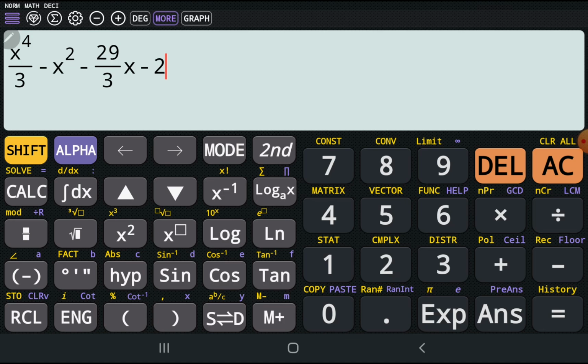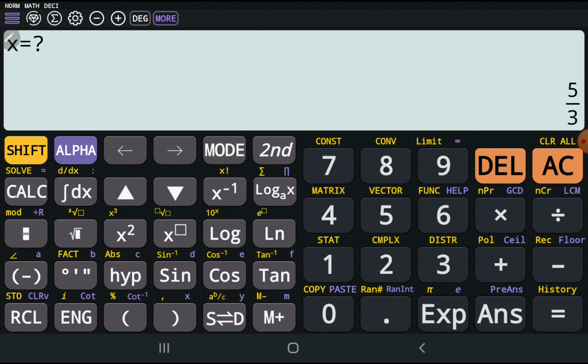Take note that you would input the function as it is, letting your s be x in your calculator, and then press calc.